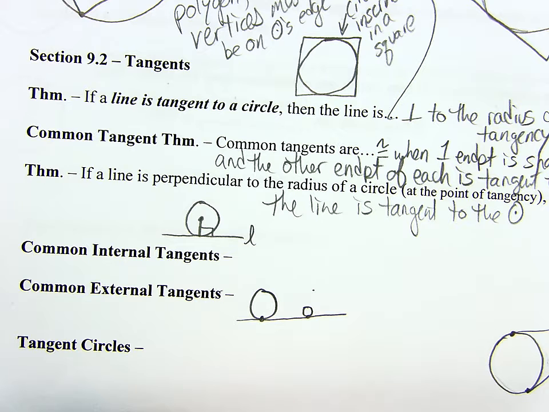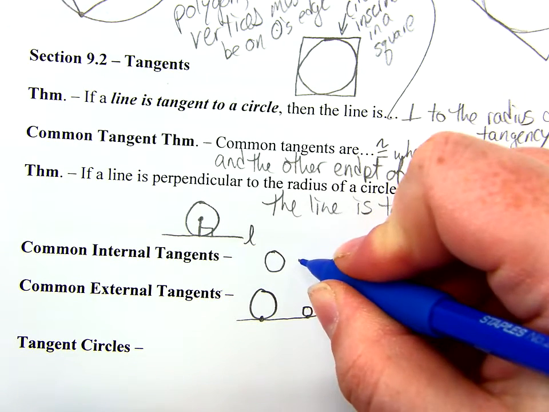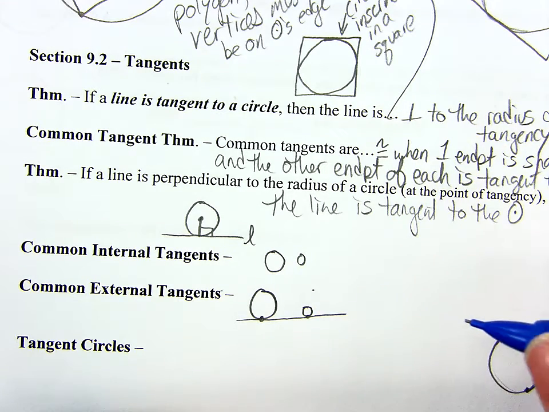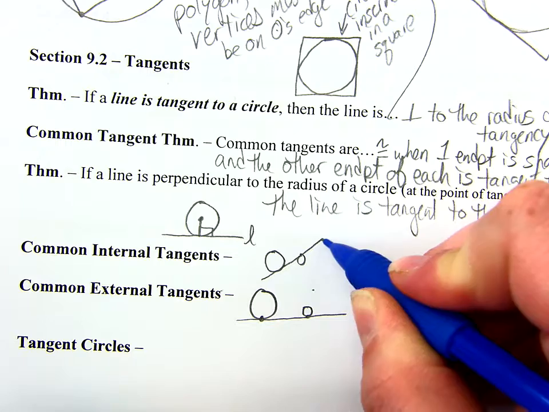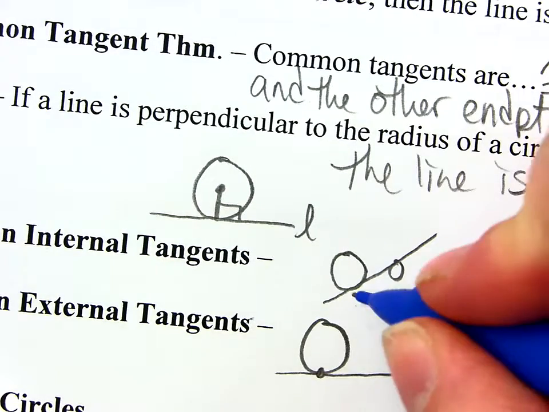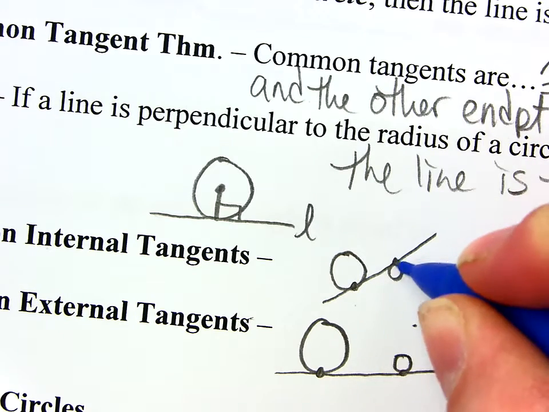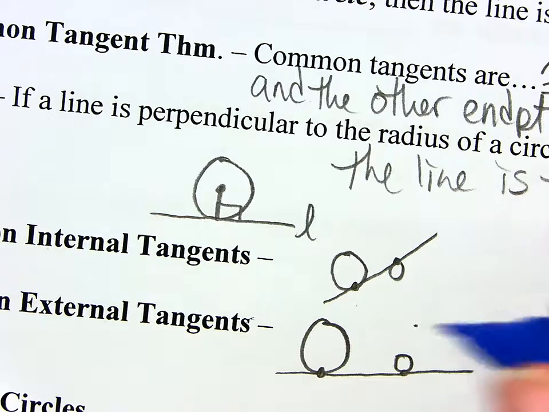A common internal tangent is when the tangent line is going to pass in between the two circles. They can be the same size, they can be different sizes, it really doesn't matter. So say I had something like this, and my tangent line went like this. This is a common internal tangent, where the tangent line passes inside, in between the two circles.